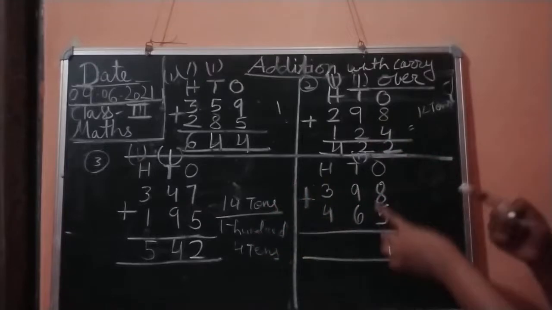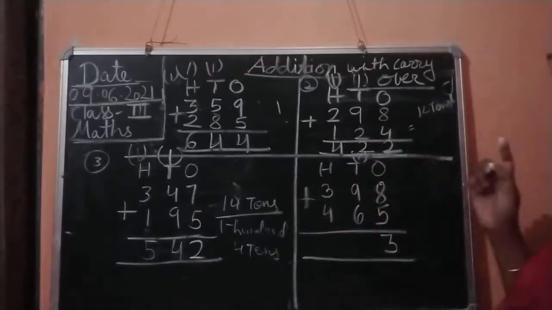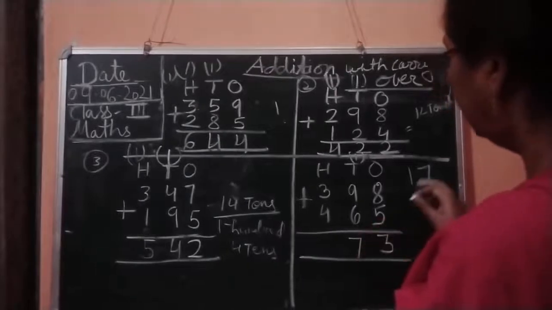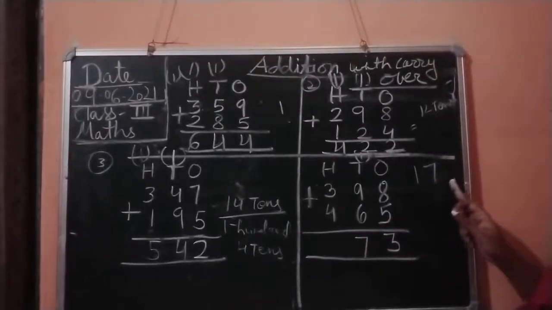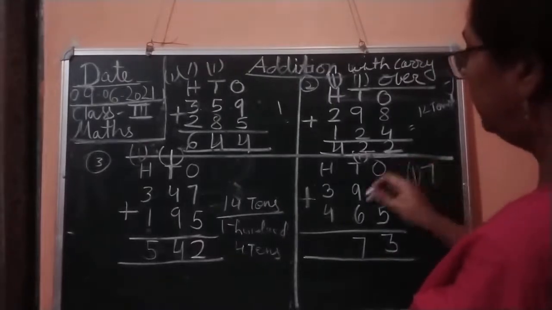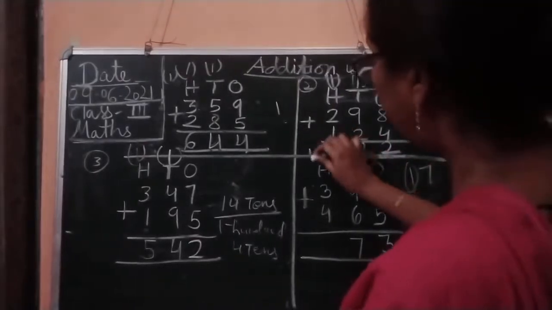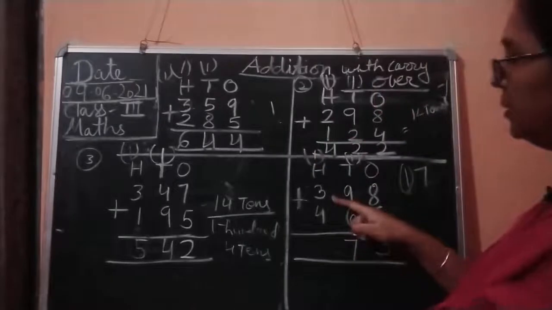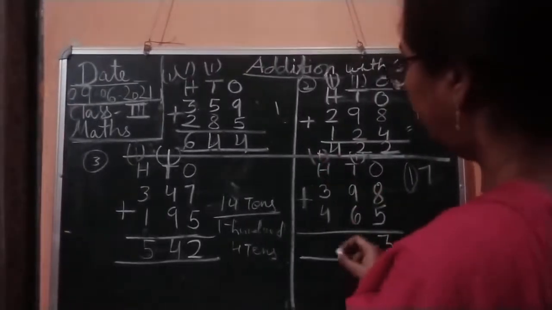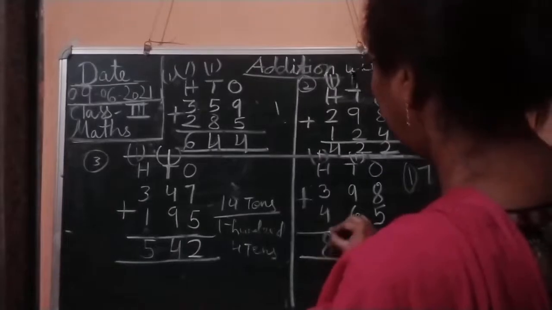Okay. 16 plus 1 is 17. Again, I am explaining to you. This is 7 tens and 100. That is why we will carry 1 with the hundreds. So here 4 and 3 is 7 plus 1 is 8.